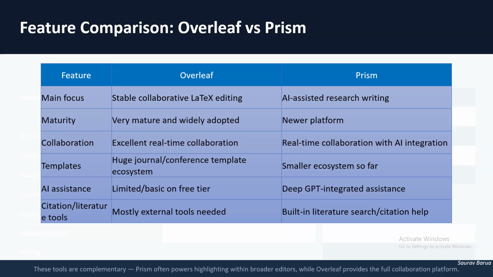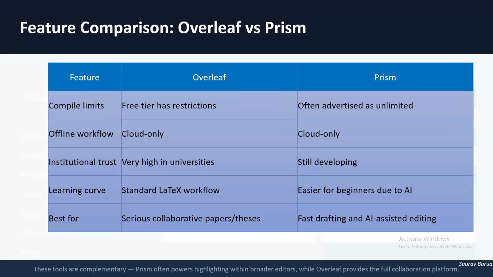However, the ecosystem of Prism is still small. If you look at AI assistance, it's limited or on the paid tier in Overleaf. However, in Prism, GPT-integrated assistance is available. If we look at citation and literature tools, many external tools are needed for Overleaf. However, Prism has built-in literature search and citation help.